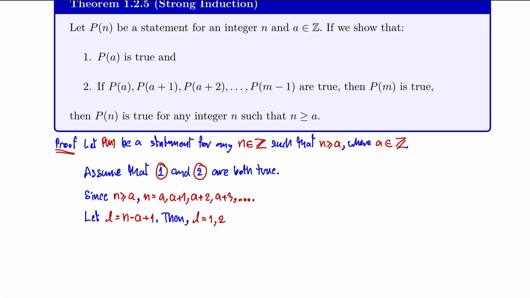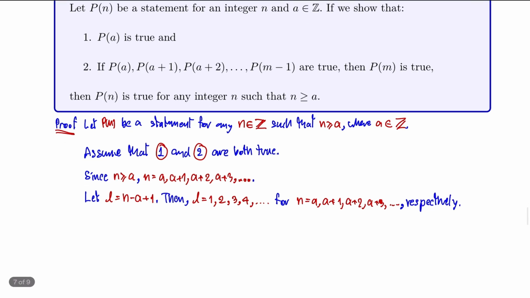And then we're going to have L equal 3, 4, and all the way and so on, for n equal a plus 1, a plus 2, a plus 3, and all the way and so on, respectively.